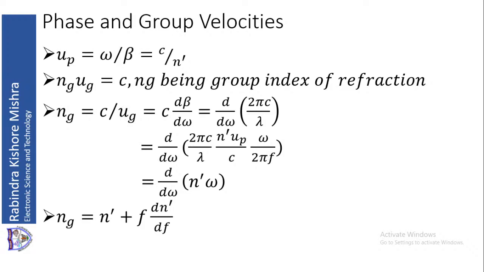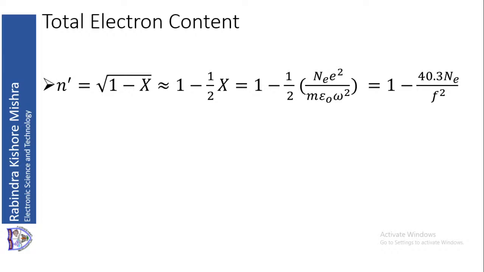And now from this let us try to find out the total electron content. Now that we know the group velocity, let us find out the total electron content. n dash is equal to root over of 1 minus x. This we have seen earlier when we started the study of ionospheric propagation. Use the binomial expansion, so that will be approximately 1 minus 1 by 2 x. The value of x is N e square by m epsilon 0 omega square.